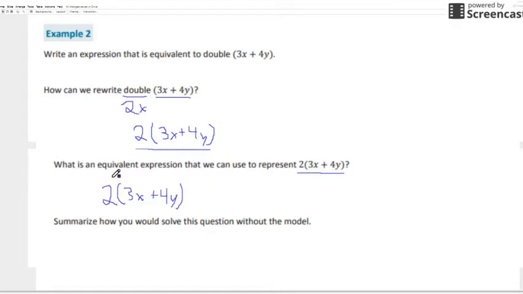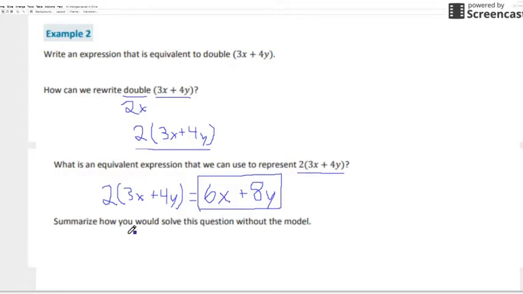What that means is we have two 3x's, so 2 times 3 is 6x, and then we have two 4y's, so bring over the plus sign, 2 times 4 is 8, and the y stays the same. So there we go. This is the same representation of what we have up here. We just simplified it down.